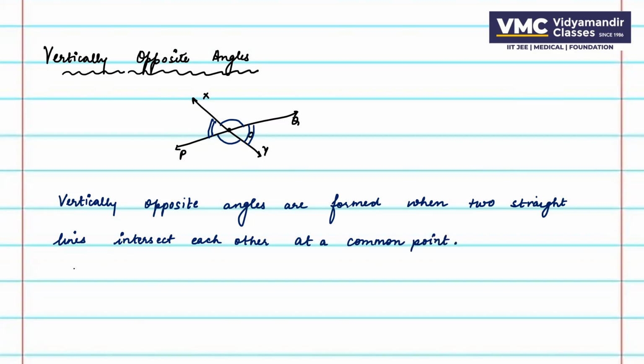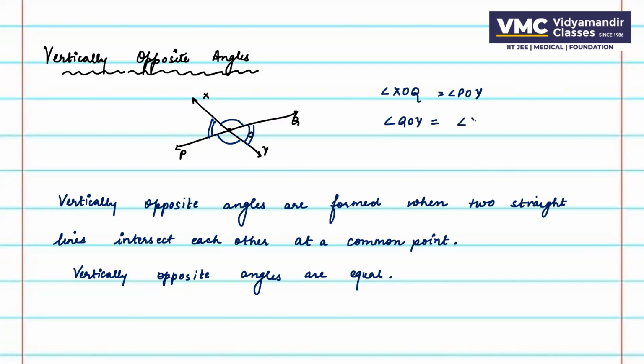The vertically opposite angles are also equal. So here in this case, angle XOQ is equal to angle POY. And angle QOY is equal to angle XOP. So they are pairs of vertically opposite angles.